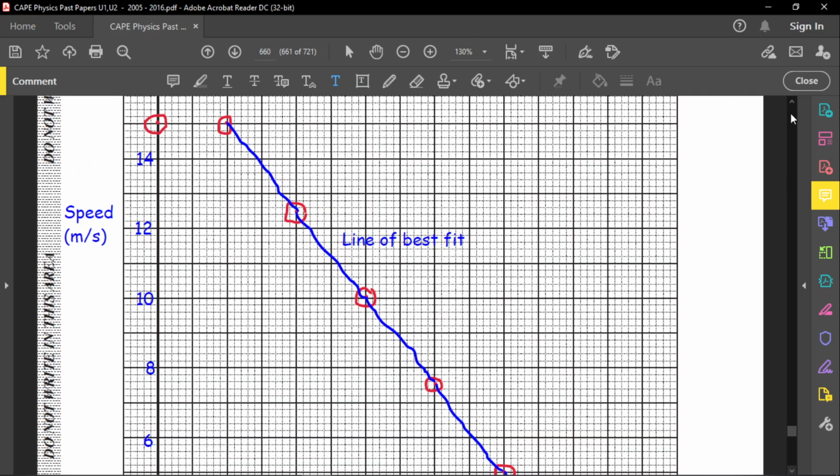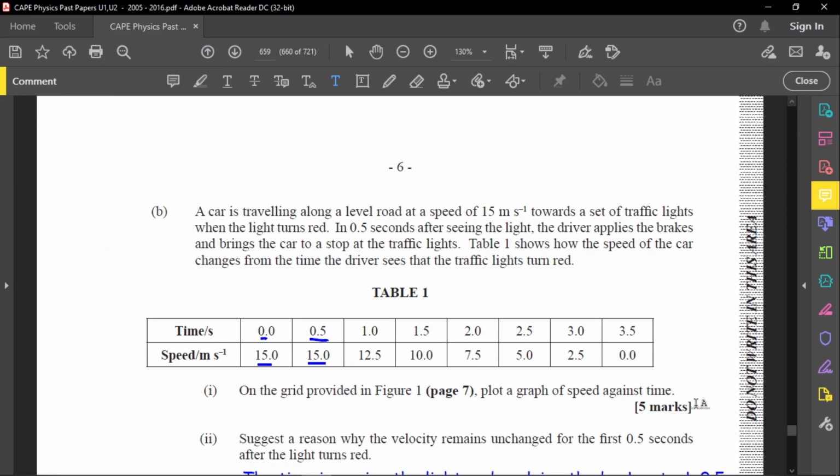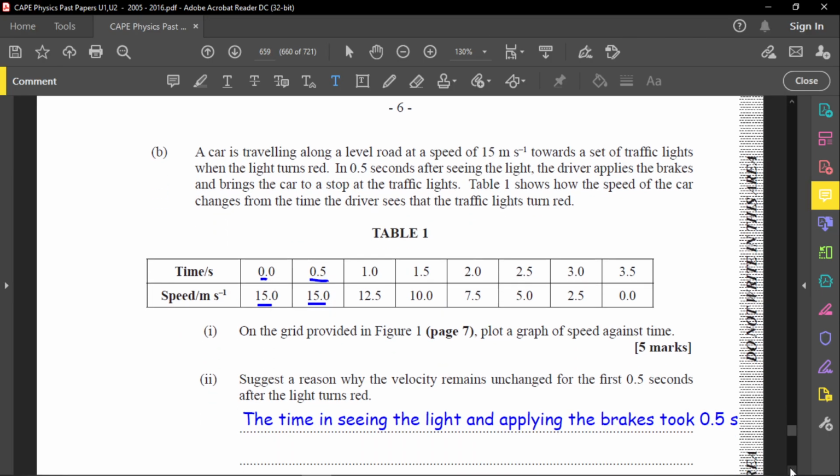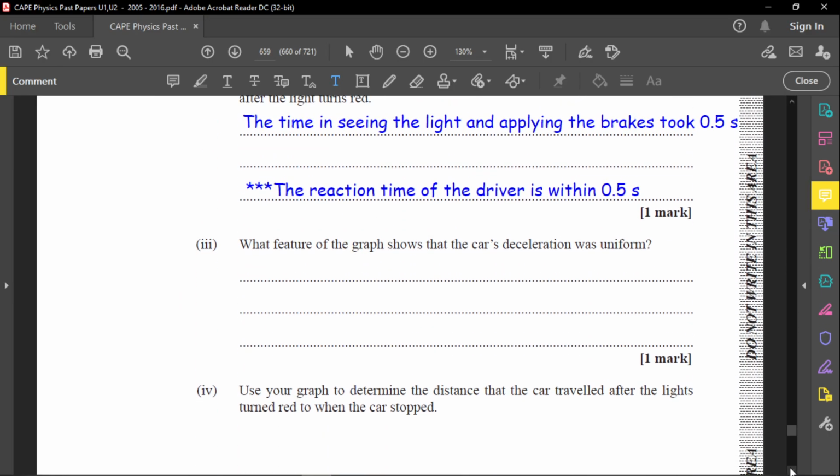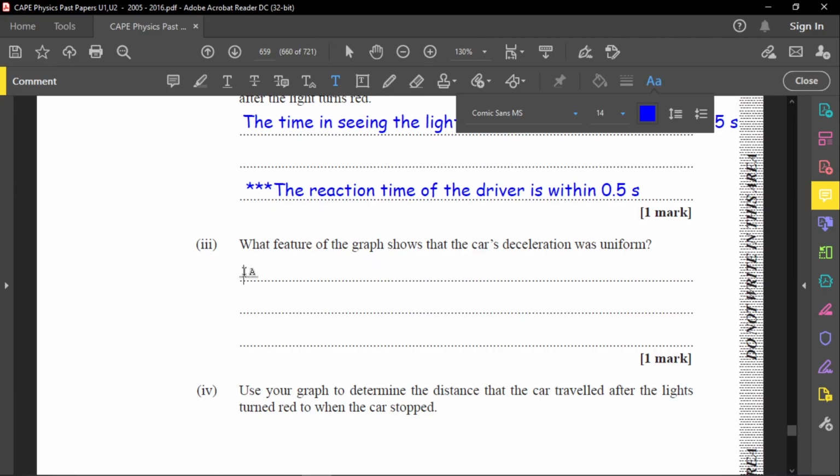All right, and so let's just apply that to the question. Let's put it right here. So I'm going to state it like this: the graph shows a descending straight line.